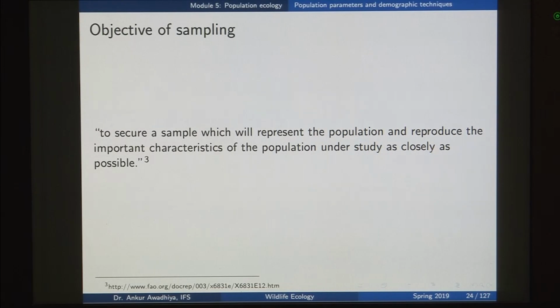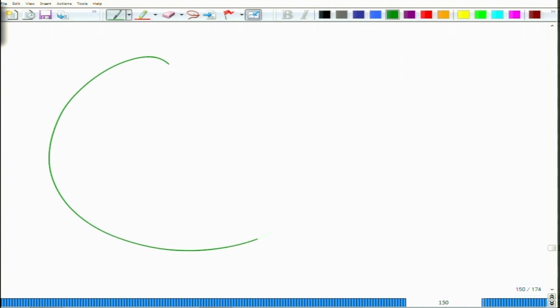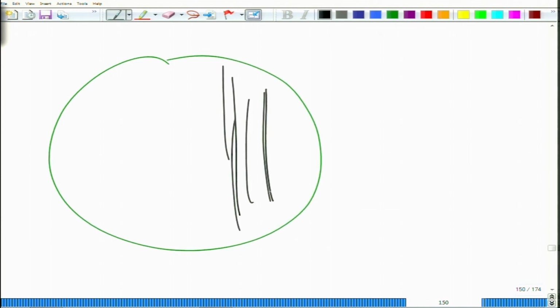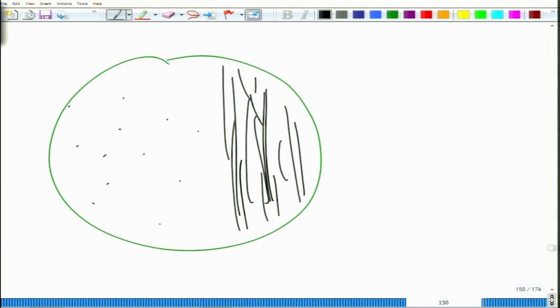So, for that it is important to know the process of sampling. Now, sampling goes by the objective to secure a sample which will represent the population and reproduce the important characteristics of the population under study as closely as possible. So, for instance, if we have this area, and in this area the right side has a much greater density of animals than the left side. In this case, when you are taking a sample, you would want to have a sample that is representative of the whole area.